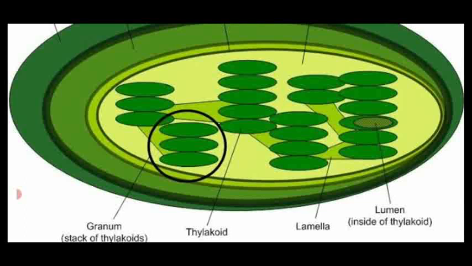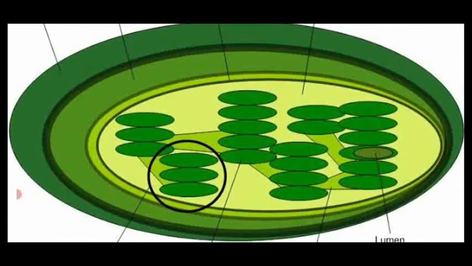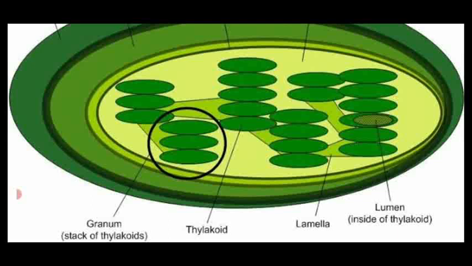They are not directly responsible for photosynthesis, but they absorb sunlight from the atmosphere and transport it to chlorophyll A. So these are named accessory pigments.